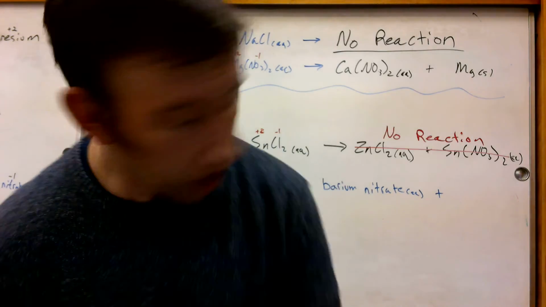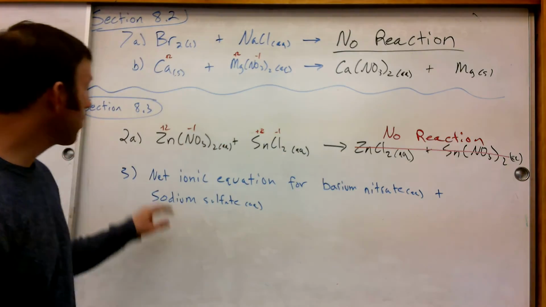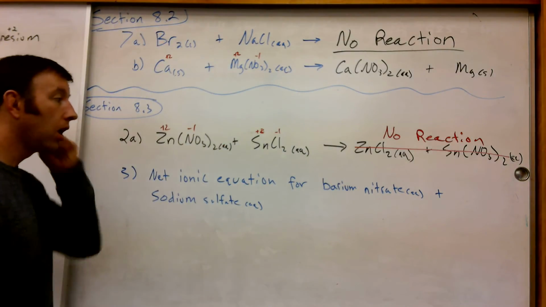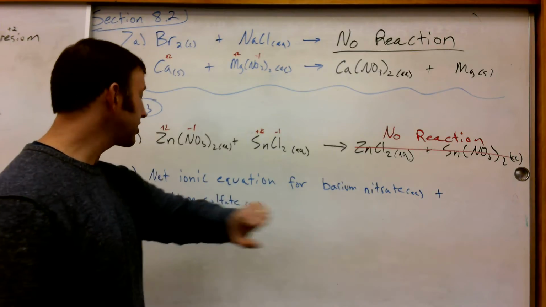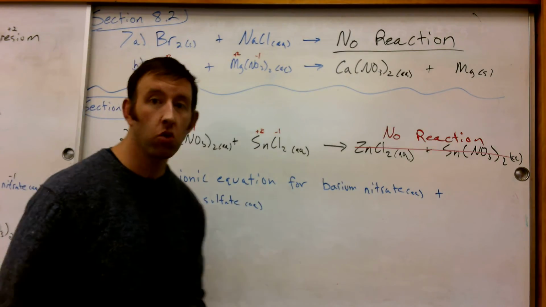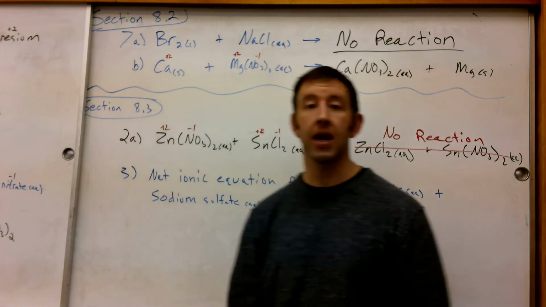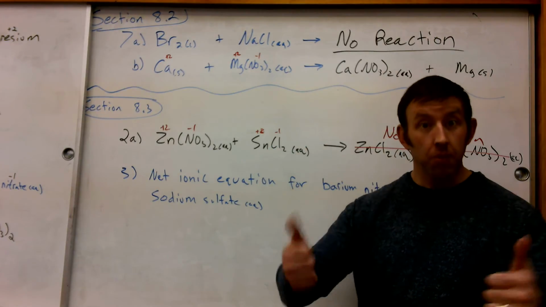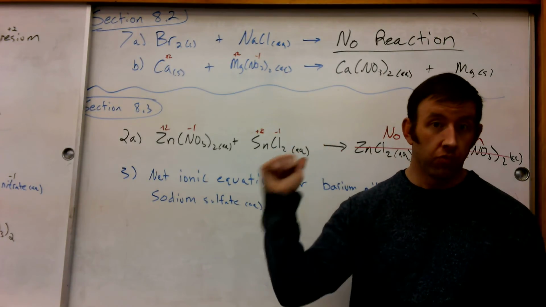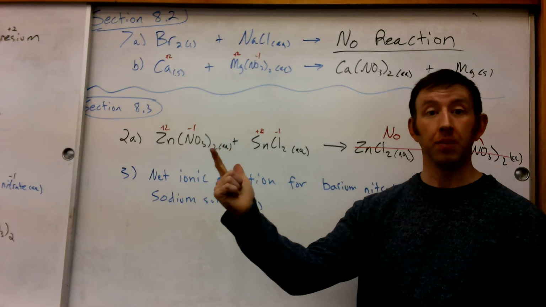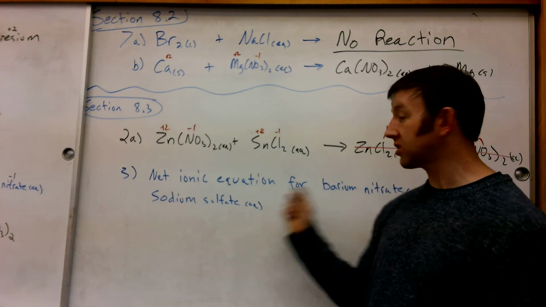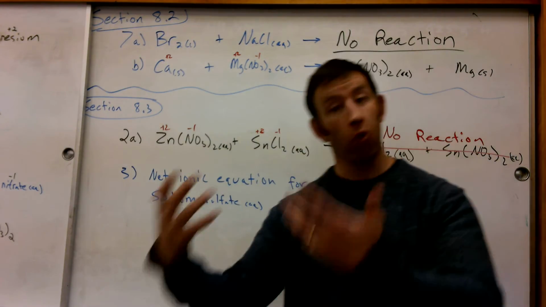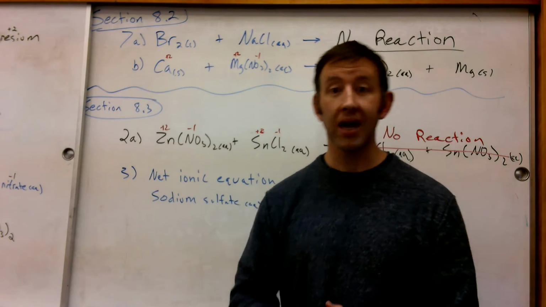All right, now, getting to this last one, we want to write a net ionic equation for the reaction between barium nitrate and sodium sulfate. So what we have to decide, okay, is what's our molecular equation? Does the reaction actually occur? Meaning, do some of these aqueous solutions actually form a solid, a precipitate, okay?